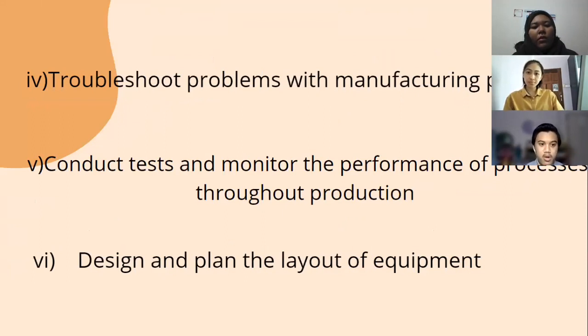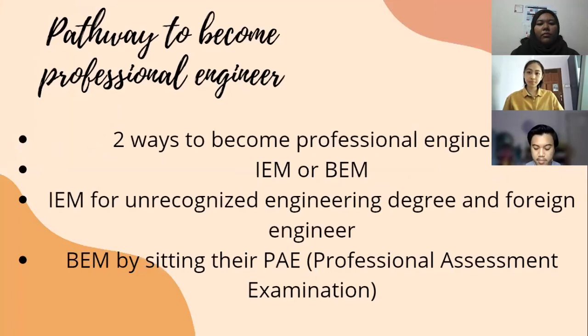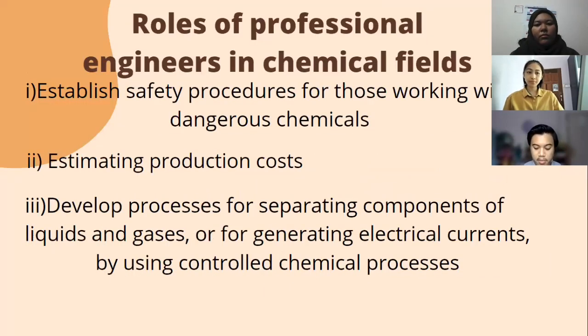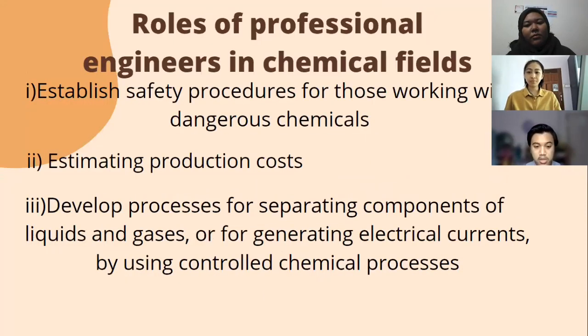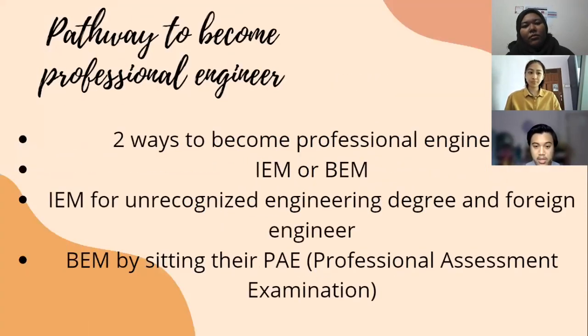Number 5 is conducting tests and monitoring performance of the production, to ensure that all equipment performs in tip-top condition. And lastly, design and plan the layout of equipment. But for me, engineers have greater risk, because if anything happens on the site, all responsibility lies with the professional engineer. So I will pass to my team member.